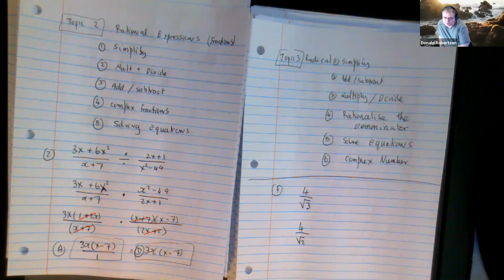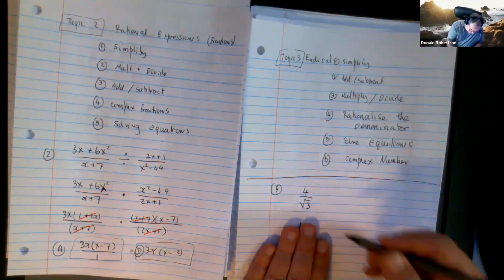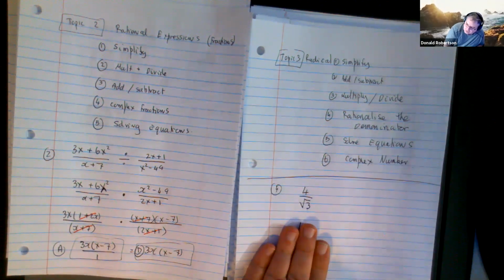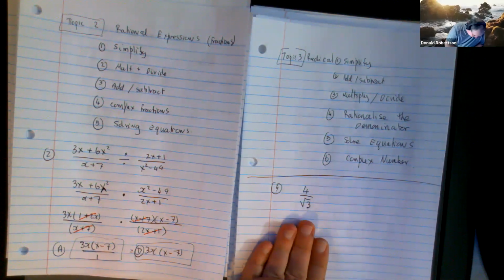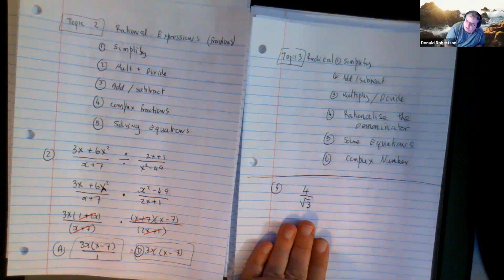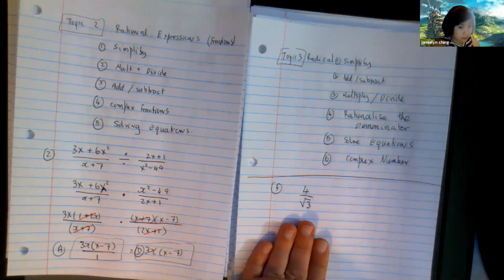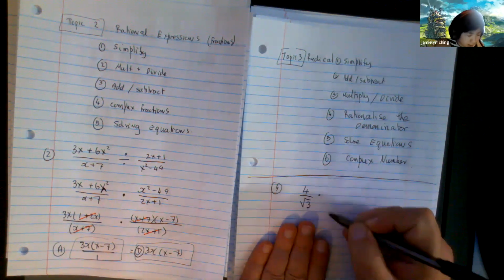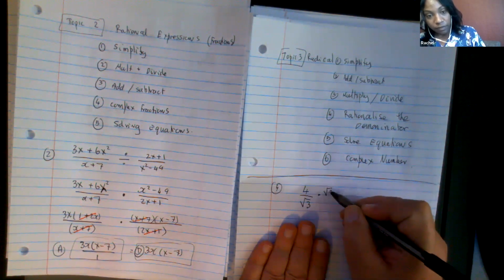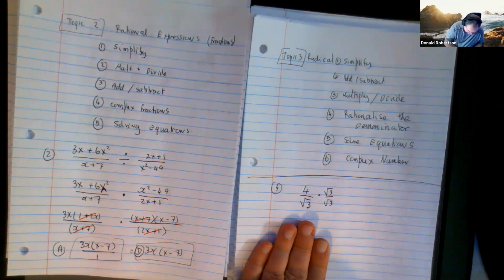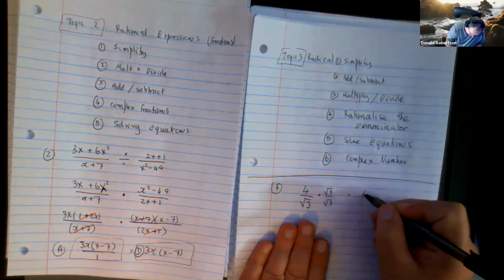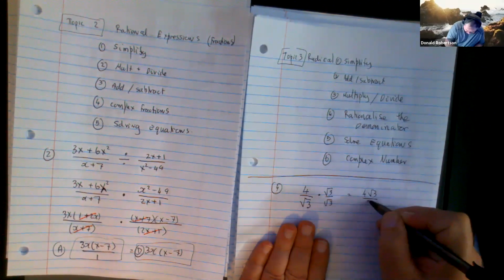So rationalize the denominator is taking a question like this and removing the square root from the bottom. Can anybody remember the trick that you use to do that? You times the other one, so root 3 by root 3. You agree, Jimmy? Is that what you're saying? Yeah. Now the top ends up being 4 root 3 and the bottom ends up being 3.